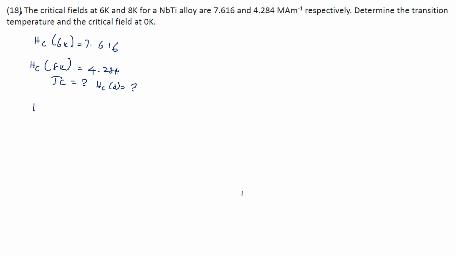So HC of T, we know that formula already. So take the ratio of it. HC of 6K divided by HC of 8K is equal to 1 minus (6 divided by TC) whole square, divided by 1 minus (8 divided by TC) whole square.